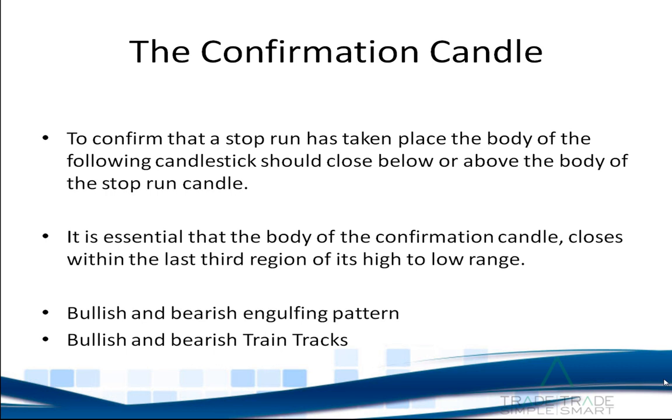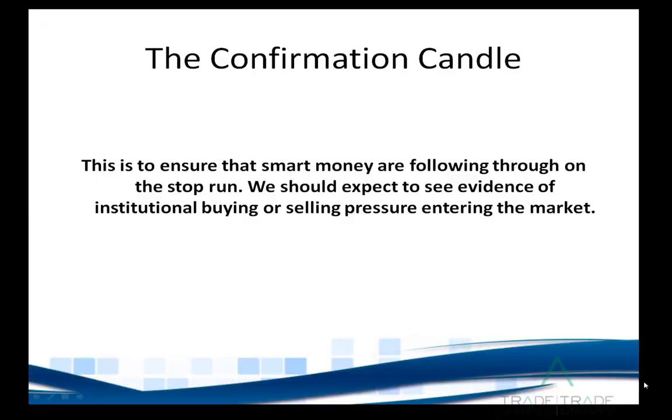Examples of this are the candle formations that you've looked at, such as bullish and bearish engulfing patterns, and also bullish and bearish train tracks, where the second candle closes below or above the body of the first. This is simply to ensure that smart money are following through on the stop run.